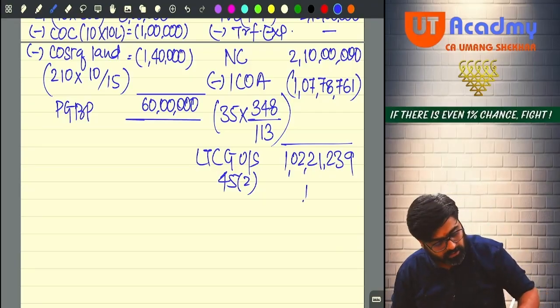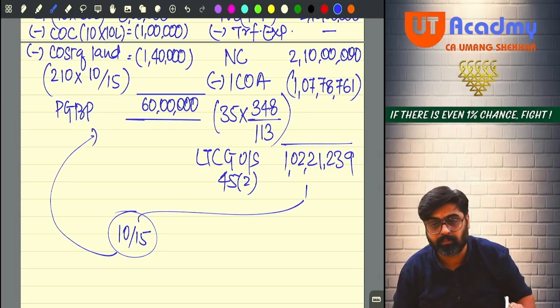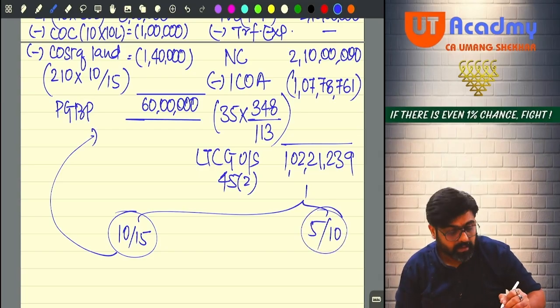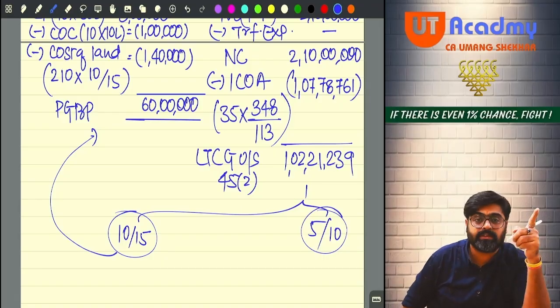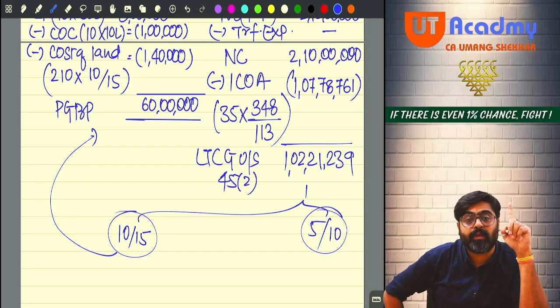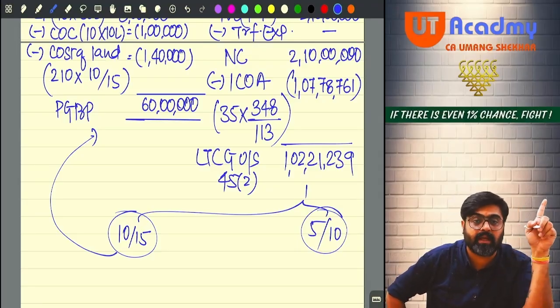So I will do one thing. 10 by 15 of this will be taxable right now along with the PGBP income. Yes or no? And the balance 5 by 15 is still occupied by those 5 flats, which are there in stock in trade and not yet sold. So whenever these 5 flats are sold in the future, that proportionate capital gain will be taxable in that year.